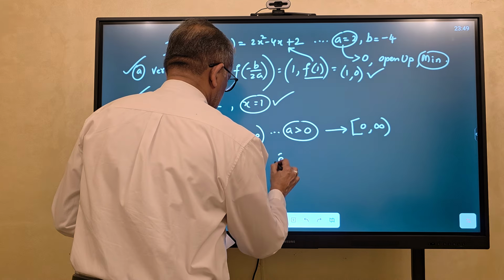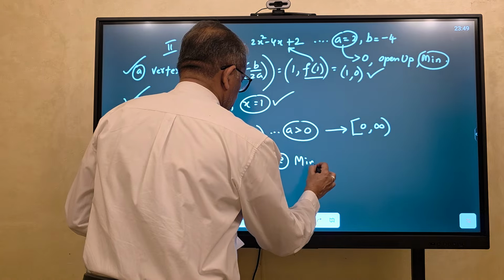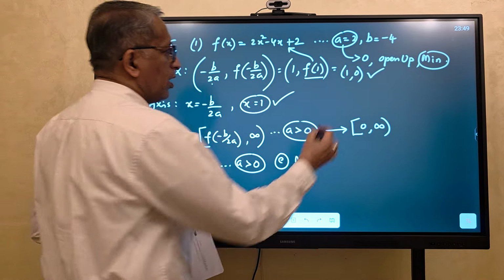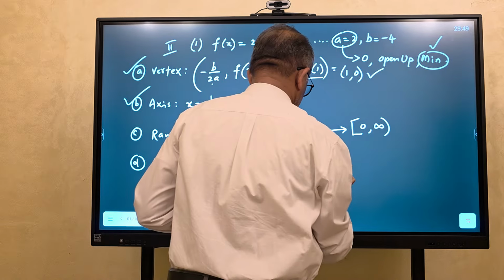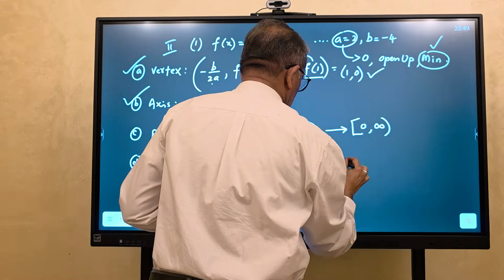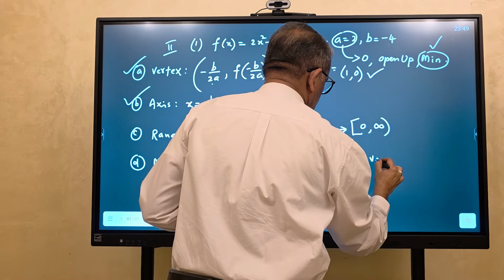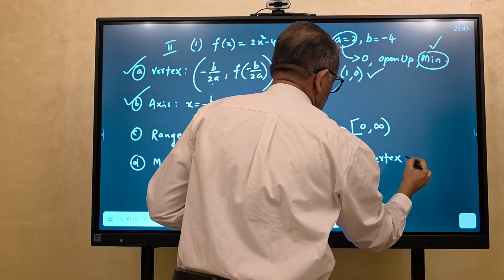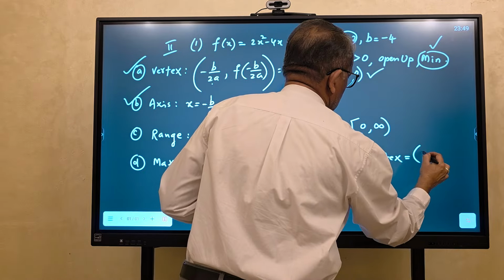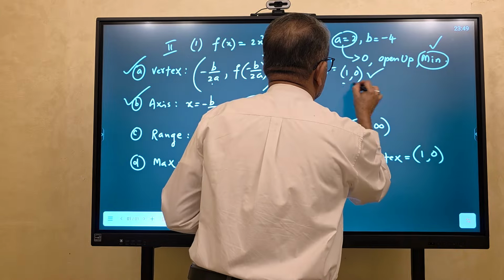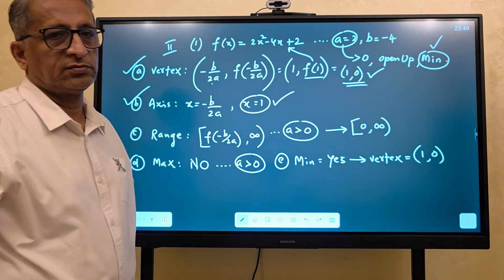E, minimum. Do you have a minimum? Yes. What is that minimum? The vertex itself. Please remember. So what is the vertex? (1, 0).